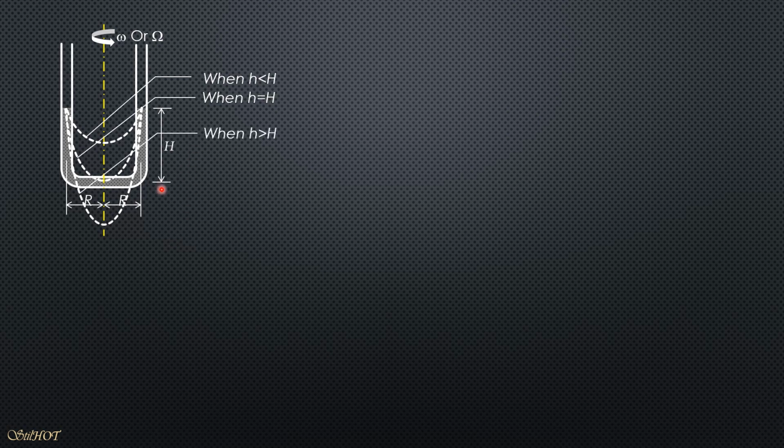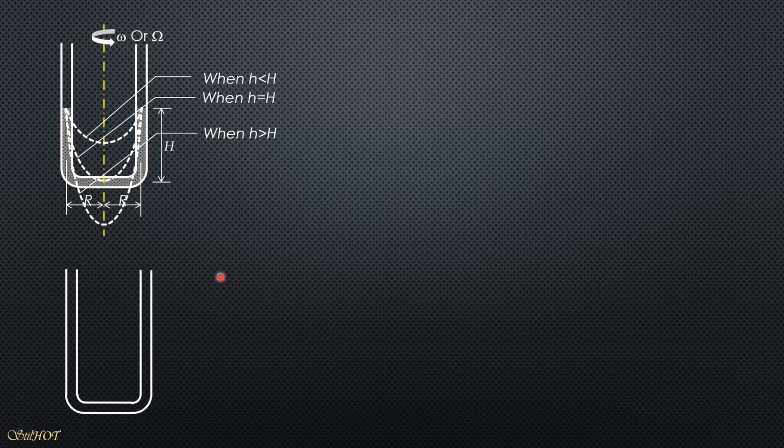For this situation, the pressure at points somewhere here will be negative, because this imaginary surface is a surface of equal pressure, and it is zero because the legs are open to the atmosphere, so zero pressure.